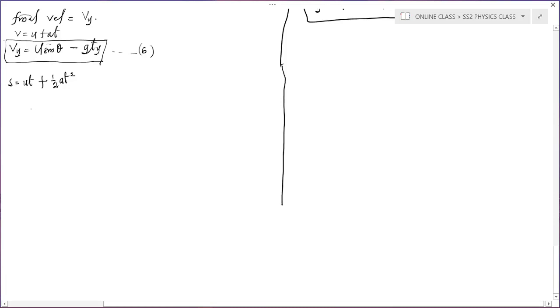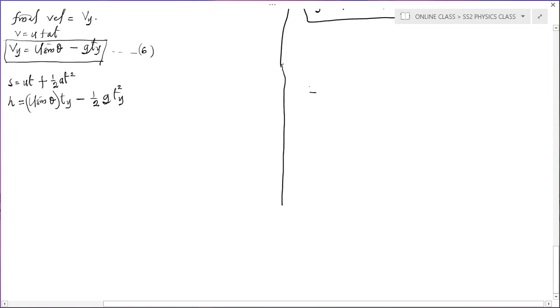We use the capital letter H for maximum height. So this is at any time. It's going to give you u sin theta times ty minus half g ty squared.